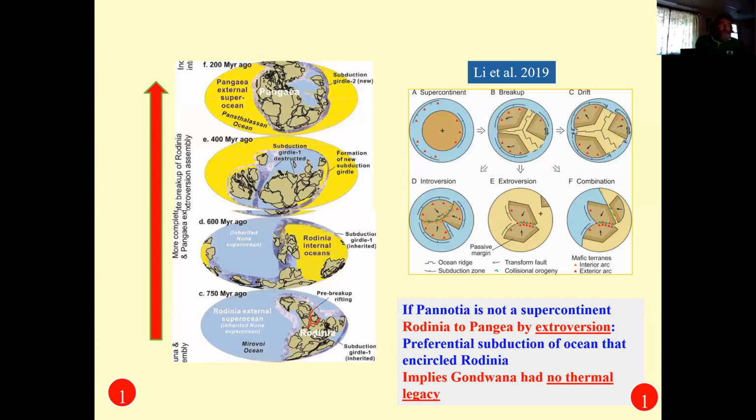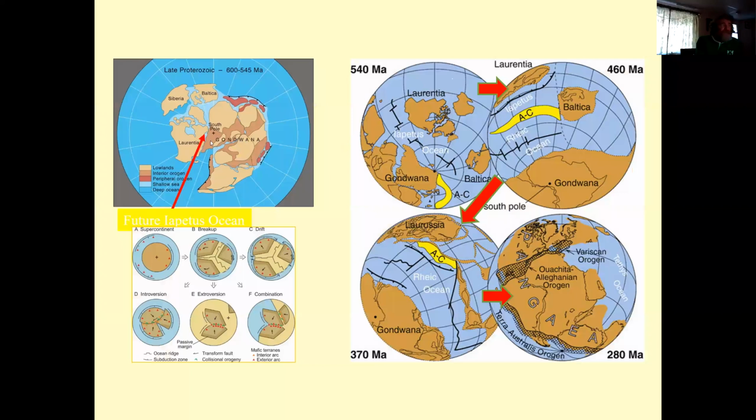It implies that Gondwana had absolutely no thermal legacy, had no imprint in the mantle at all. On the other hand, if you maintain that Pannotia did exist, then the reconstructions are telling us that the Iapetus Ocean formed and its successor, the Rheic Ocean, formed. But in contrast to the previous scenario, those very same oceans are the ones that preferentially subducted and closed to give us Pangaea, in which case we go from A to B to C to D, and Pangaea formed by introversion.